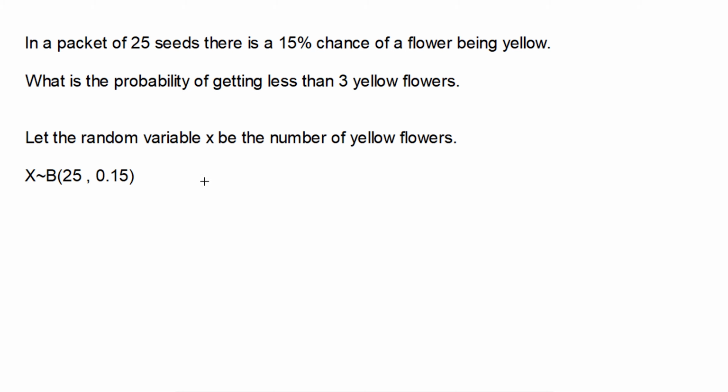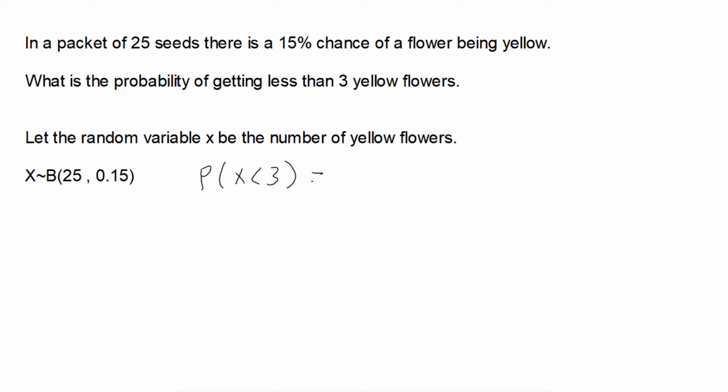Now in this case, what we've been told to do is find the probability of X being less than 3. For us to be able to do this, when we use our calculator or tables, what we actually want is that thing or less. So if it's less than 3 yellow flowers, I'm interested in the probability of 0, 1, or 2 flowers.